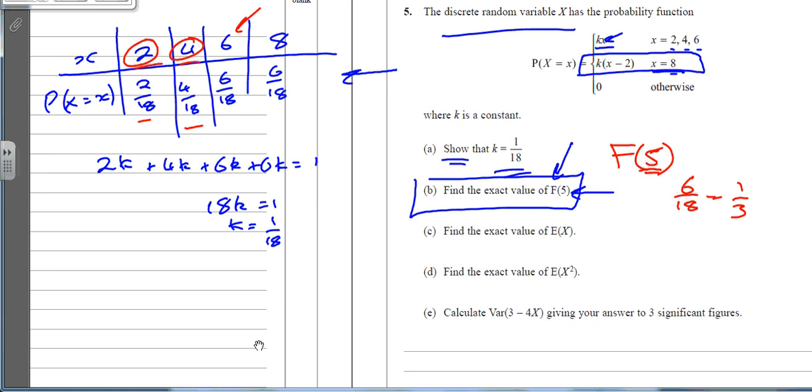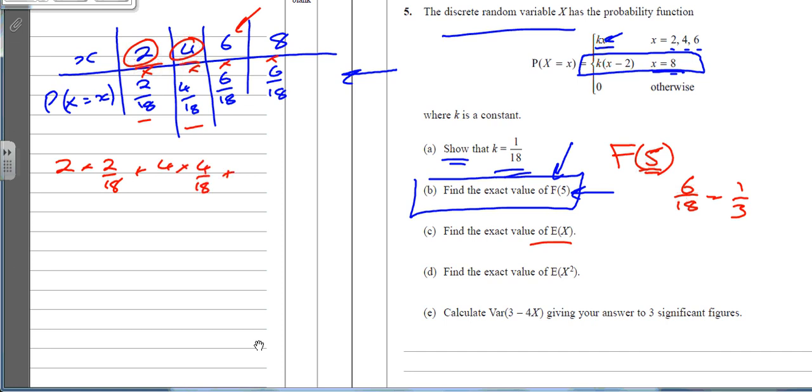Okay, now we're going to find the exact value of E of x. Just like we have done in the previous two questions, E of x is going to be these things multiplied together. So 2 times 2/18 plus 4 times 4/18 plus 6 times 6/18 plus 8 times 6/18.